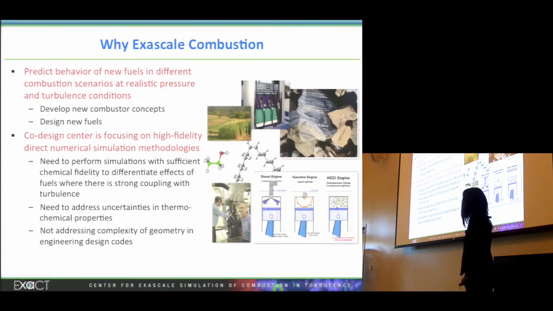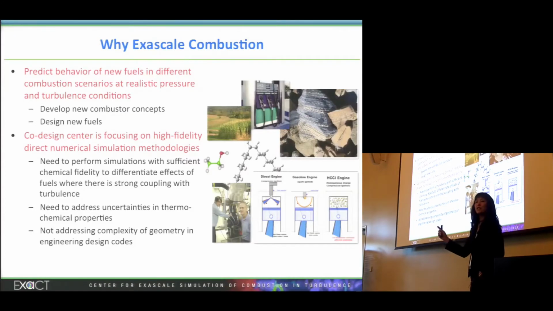We want to do these simulations at realistic aerothermochemical conditions. What I mean by that is at real turbulence conditions, at high pressures, and in the temperature environments that are relevant to these kinds of devices. In order to do this in an efficient manner and help optimize the co-design of both engines as well as fuels, we think that exascale computing can play a very significant role.